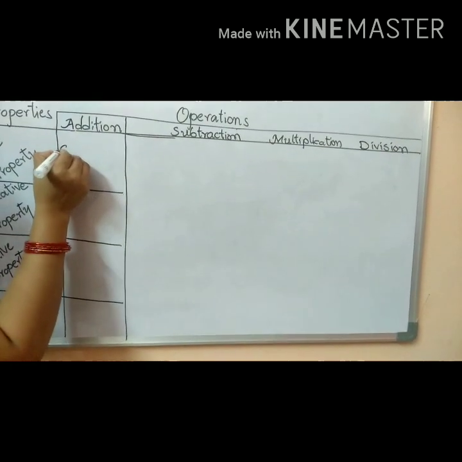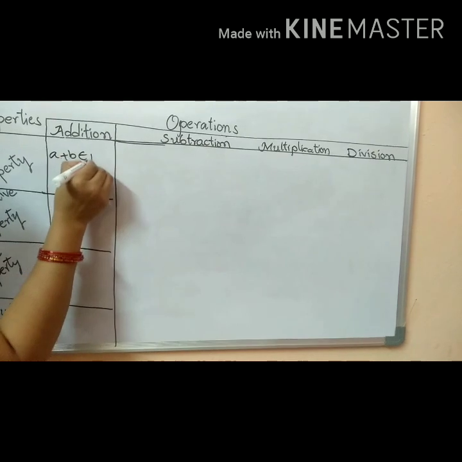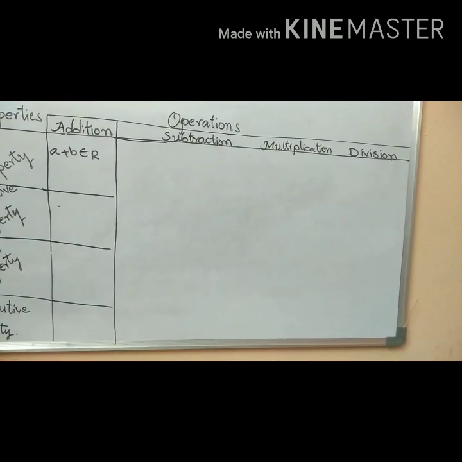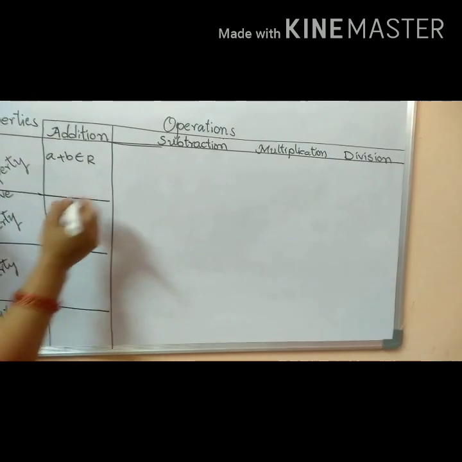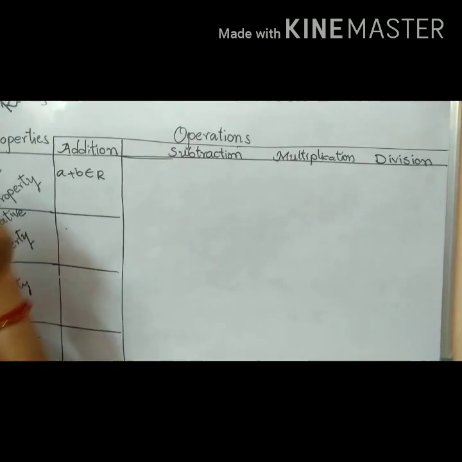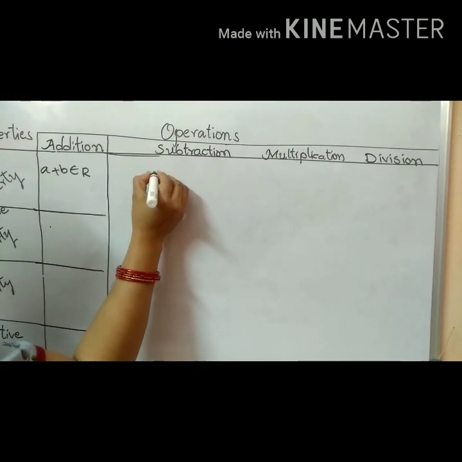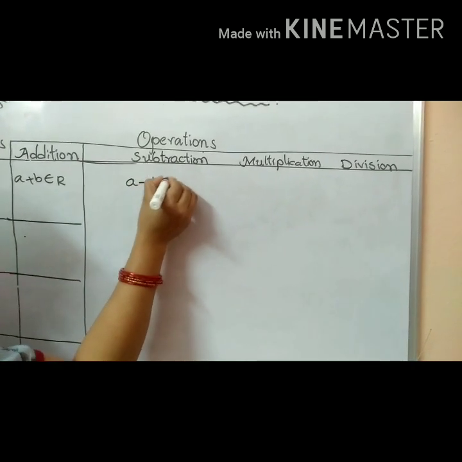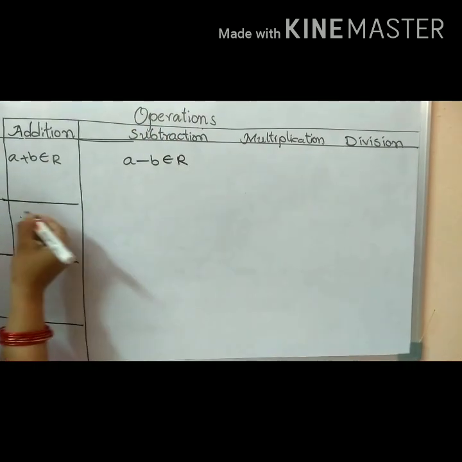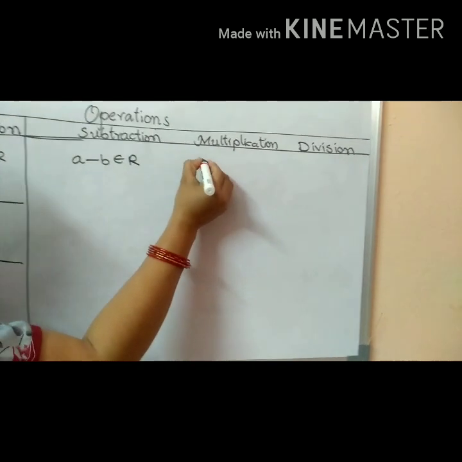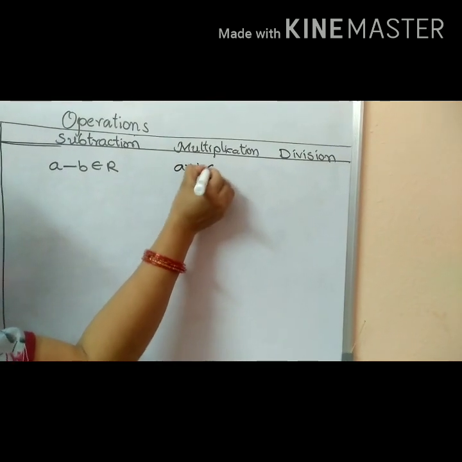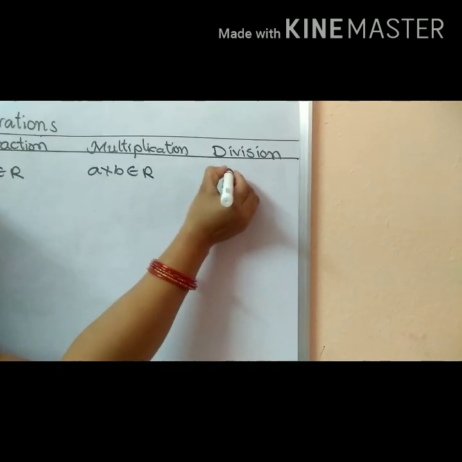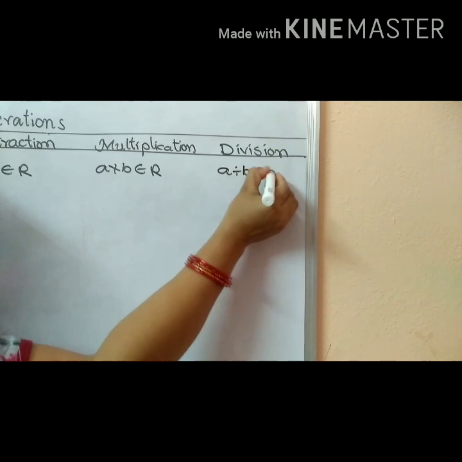Addition: A plus B belongs to R. Next, in the closure property, subtraction is also possible: A minus B belongs to R. Next multiplication: A into B belongs to R. Next division: A divided by B belongs to R.